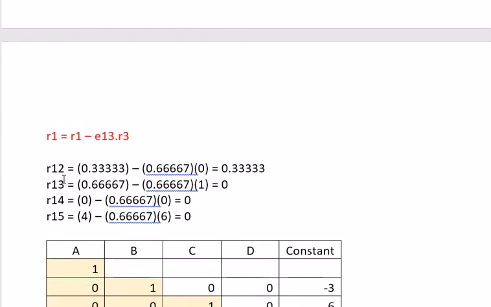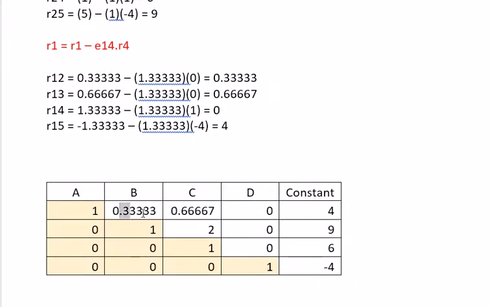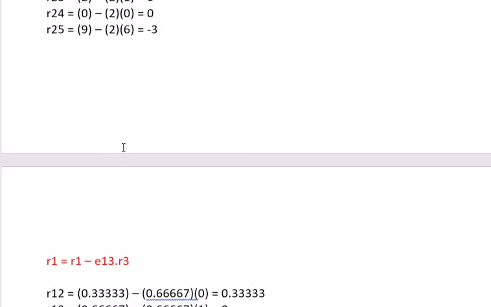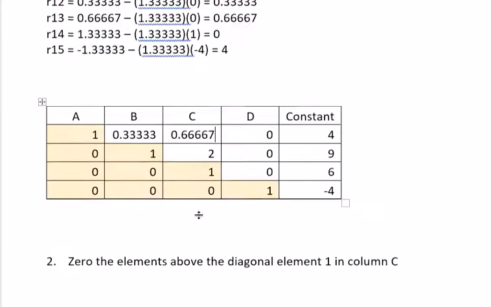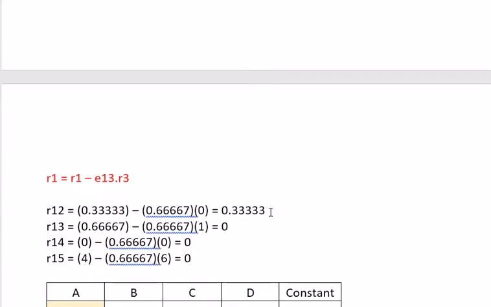So that will be R12. Since we have to apply the equation on this row, R12 will give you 0.333 minus the constant R13, that is 0.667, times the element below in row 3, so times 0, that will give you 0.333.